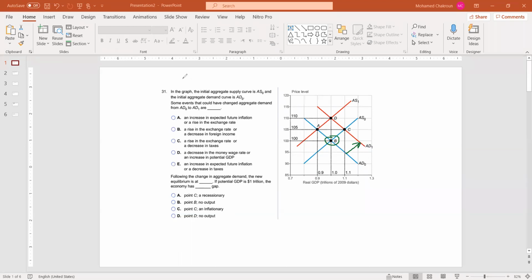Remember that aggregate demand is equal to C plus I plus G plus X minus M. So if the exchange rate rises, exports fall and imports rise.